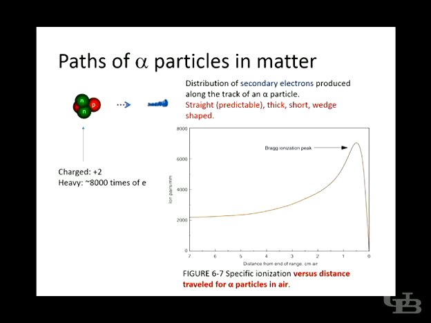You can see near the end, more ion pairs are produced, because at that time the alpha particle has almost lost its whole energy. Previously it just loses energy and becomes slower. At the end, it's very slow, so there is more chance of interacting with the electrons and losing energy.